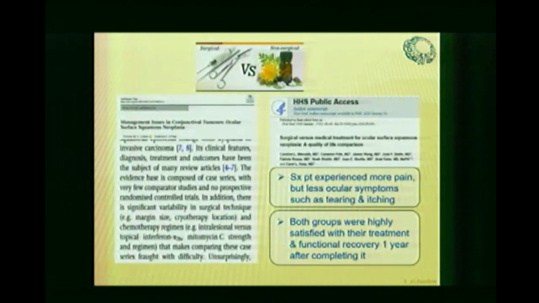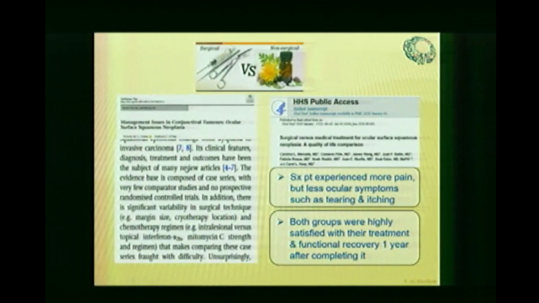What about surgical versus non-surgical modality? I noticed one review article that was trying to appraise all the case series that describe OSSN. I would say case series because truly all the managements that we're following are based on case series.